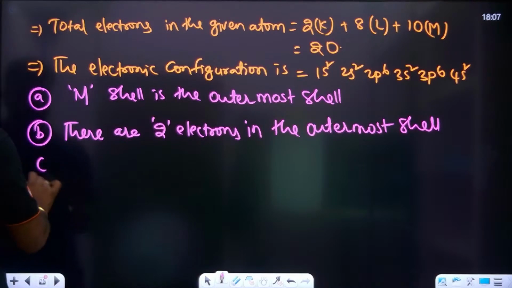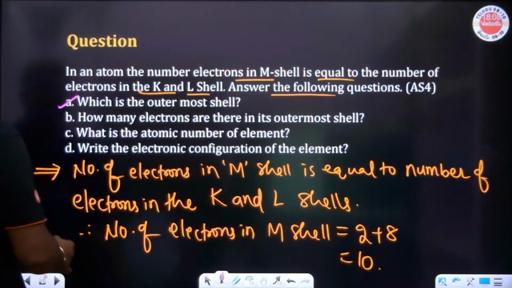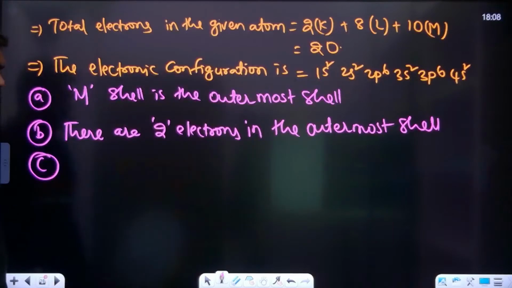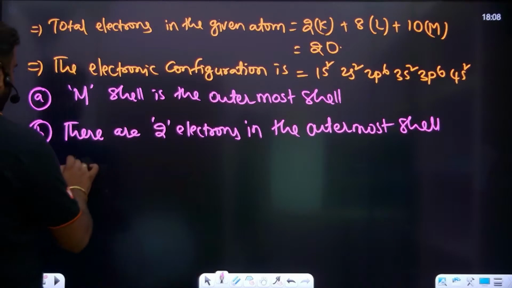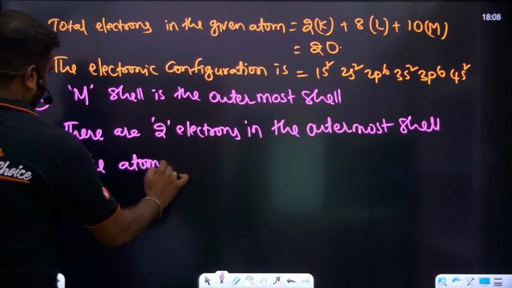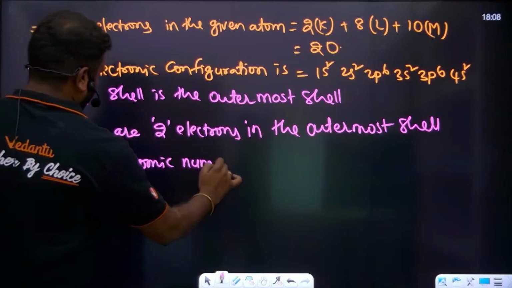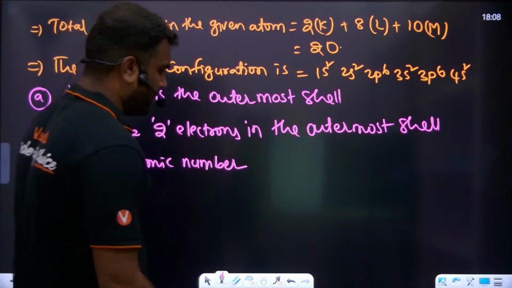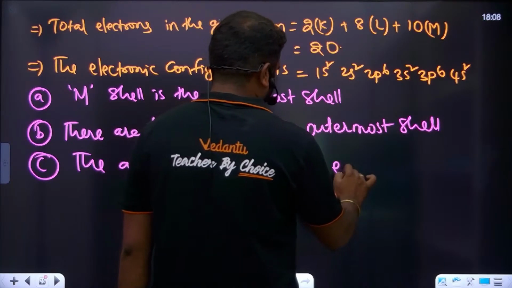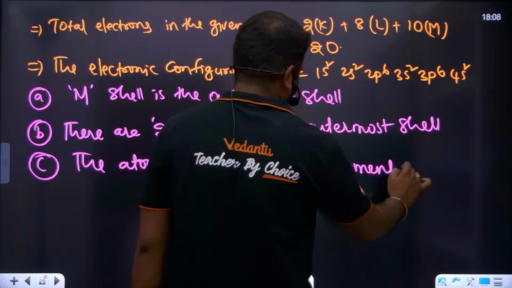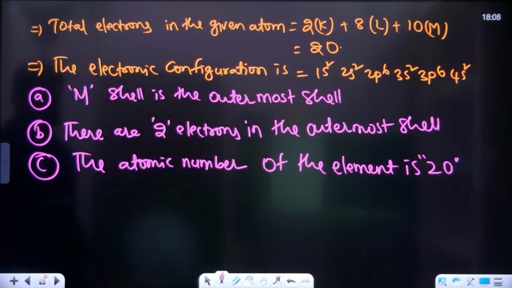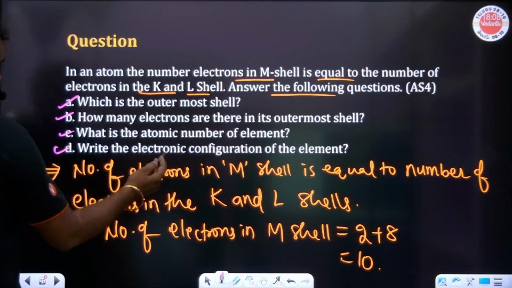Next: what is the atomic number of the element? So there are 20 electrons, therefore the atomic number is 20. And next, write the electronic configuration of the element.